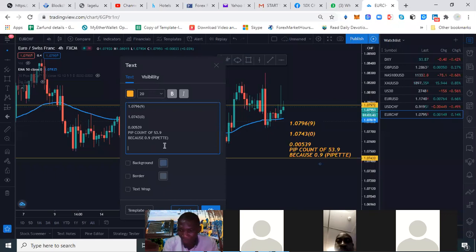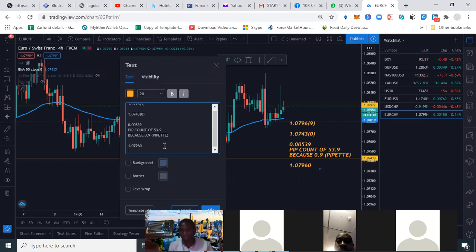Let's say we have 1.07960, and I say add 10 pips to it. If you want to add 10 pips to this, remember the pipette, and take it as 0.0. So in this case, you can ignore this 0 and then add 10 to this.